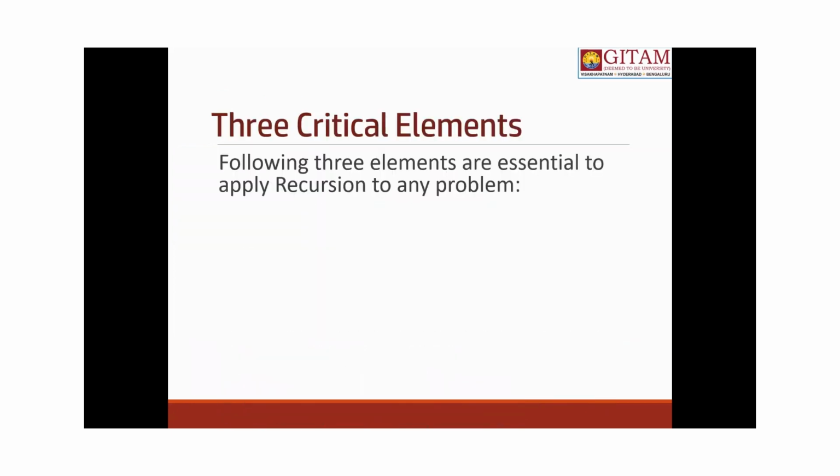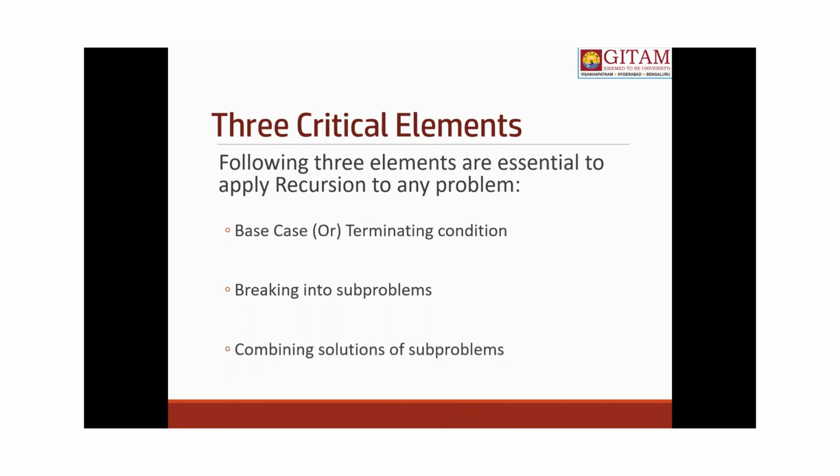We can understand that there are 3 essential elements to apply recursion: base case or terminating condition. In our example, the terminating condition is n equal to 1. And also the feasibility to break each problem into subproblems and combine the solutions of subproblems to arrive at the final result.